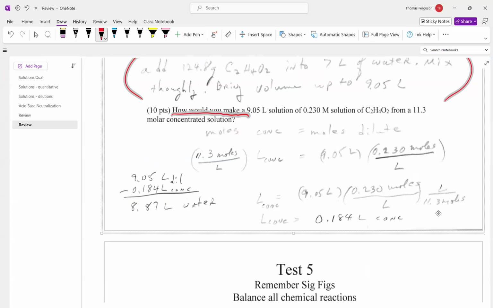So now we're going to solve for L by dividing both sides by 11.3 moles per liter. Notice what happens when we divide. We multiply by its inverse. So when that comes over to the other side, it's inverted.